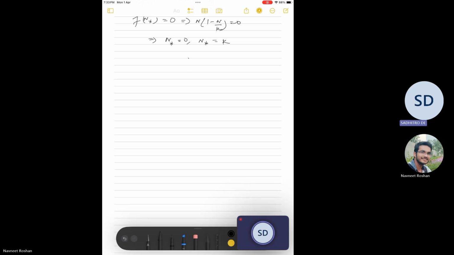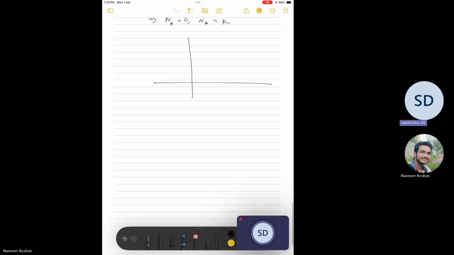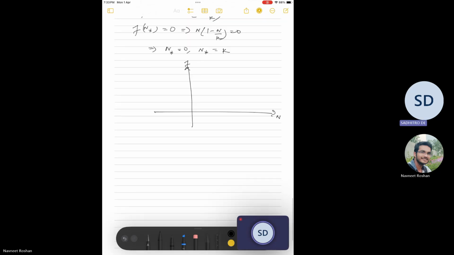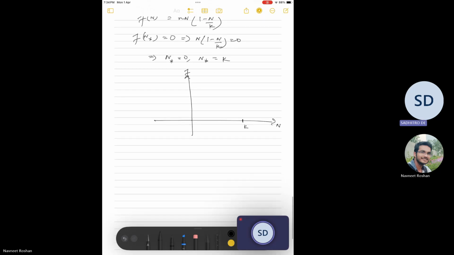Now let us plot a graph of f to see what it actually looks like. Okay, so here you have f, here you have N, we have f equal to 0 here, and here you have K. So between 0 and K, f is positive, right? And it's a second order function of N, so it should be a quadratic.